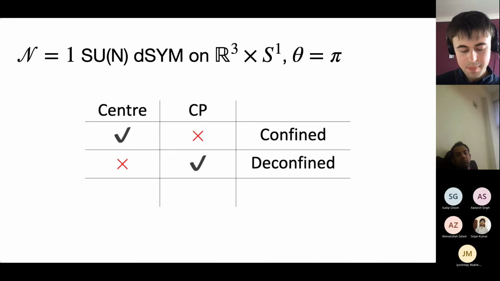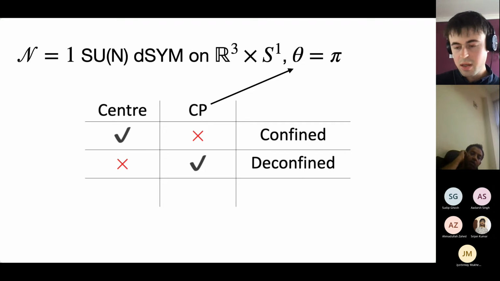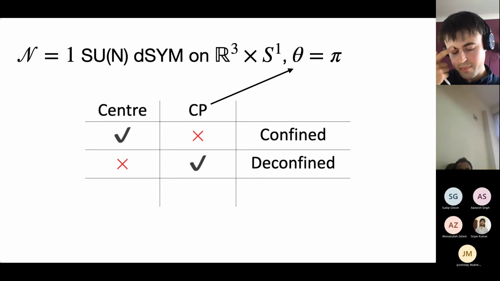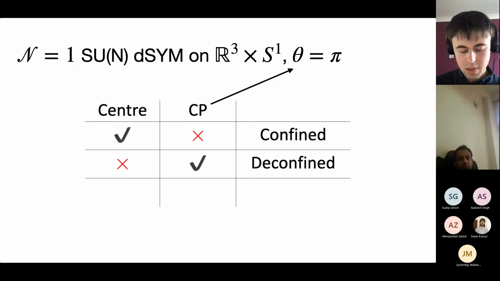In this case, instead of chiral symmetry, we're looking at CP symmetry, and having theta equals pi allows us to have CP symmetry in the Lagrangian. The confined phase has center symmetry but broken CP.